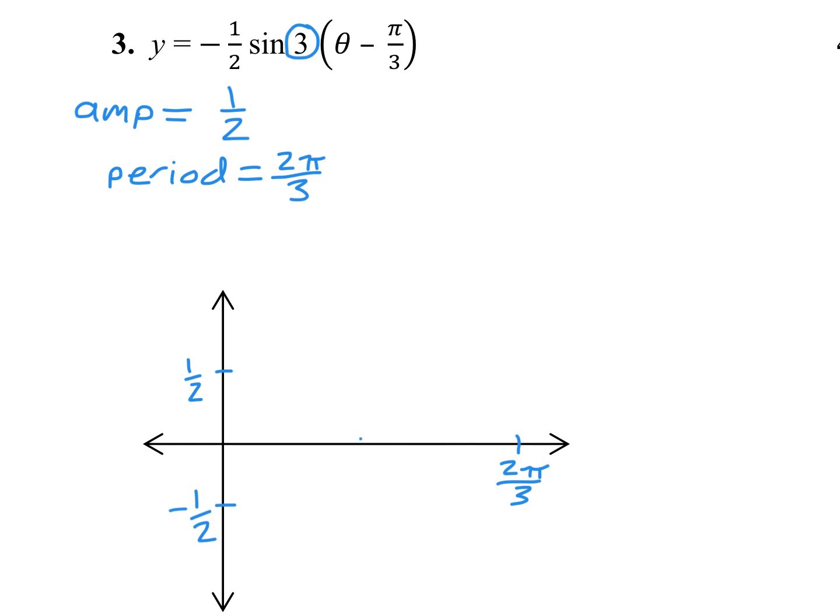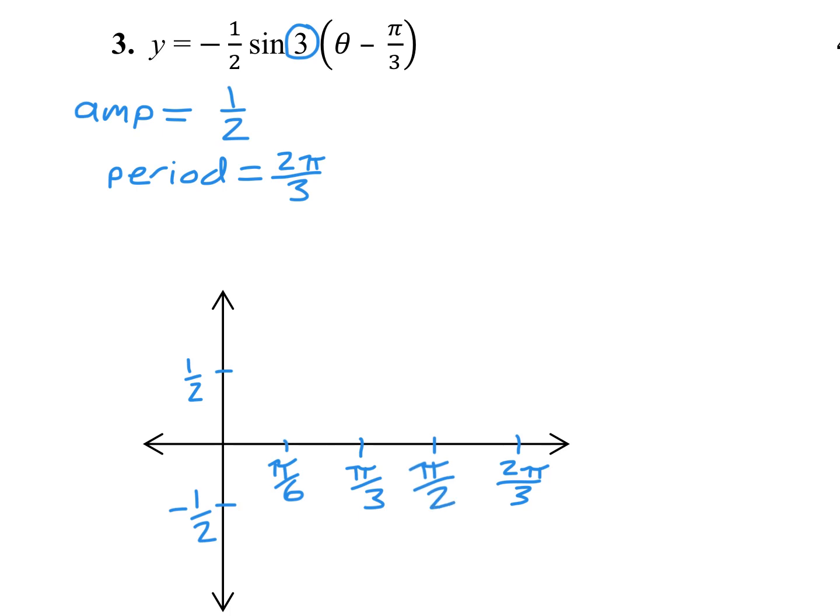And now cutting it the way I usually cut it is kind of tricky. So half of that is 2 pi over 6, or pi over 3. Half of that is pi over 6. Pi over 6 times 3 is 3 pi over 6, or pi over 2.